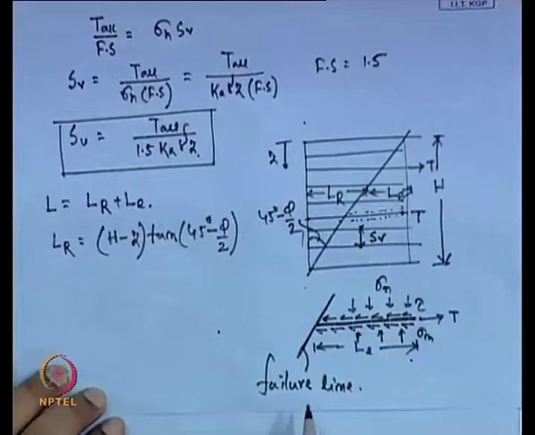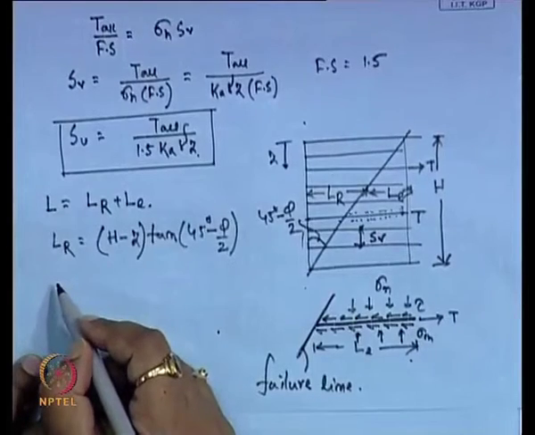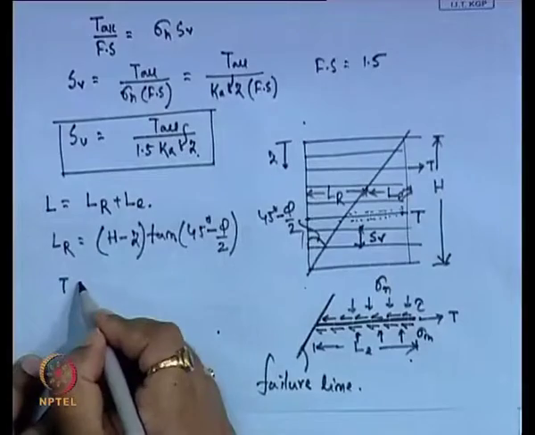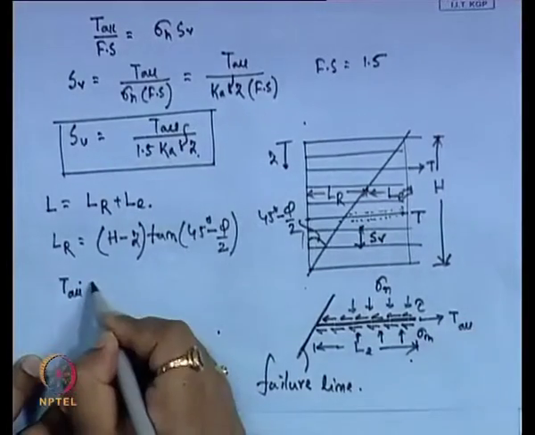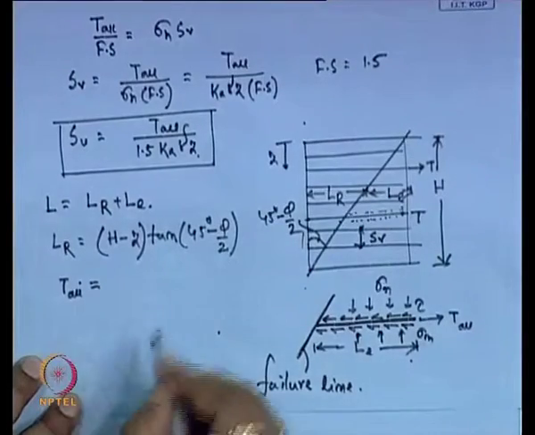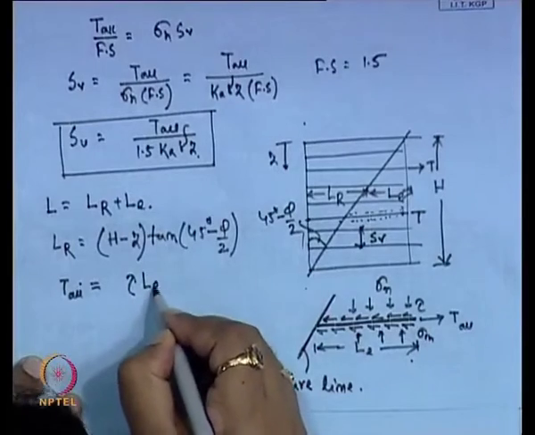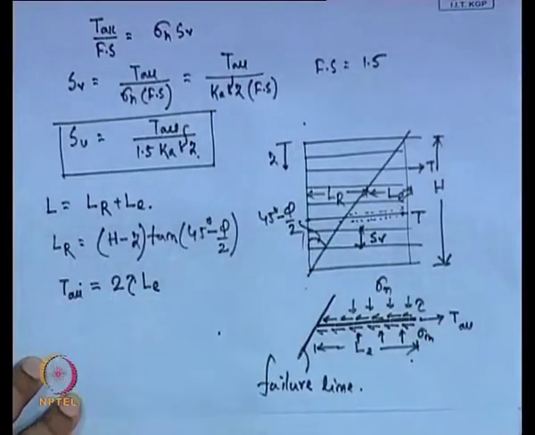Now we can write that T allowable is equal to tau, the shear stress, into L e, and this is acting on both sides, so into 2.